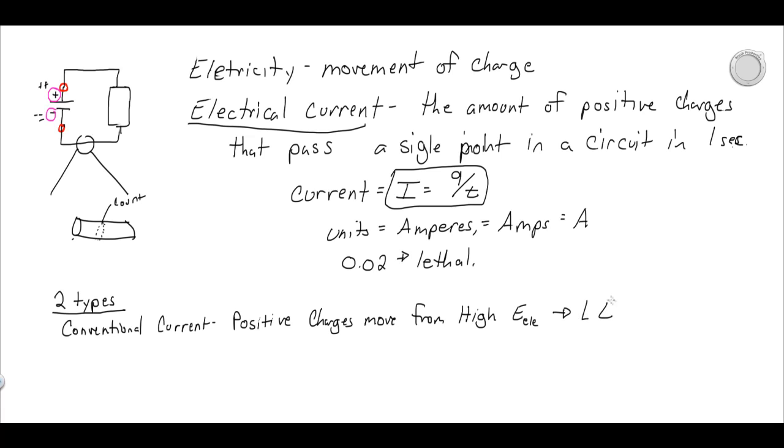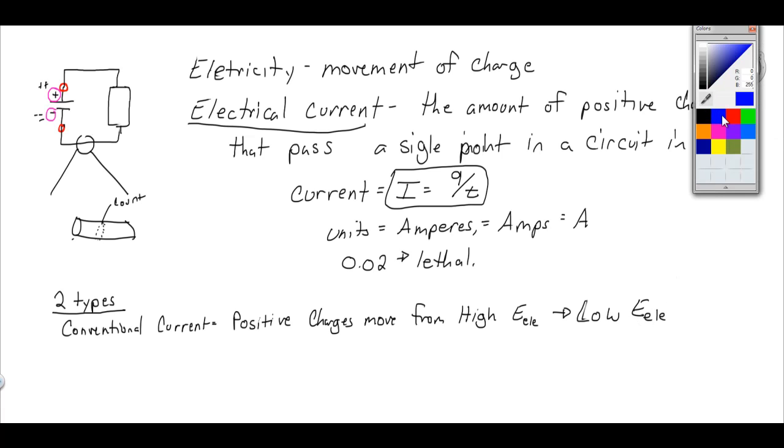So, low electric potential energy. Sorry, got a little tongue-tied there. So conventional current says we have positive charges that move from high electrical potential energy to low electrical potential energy.